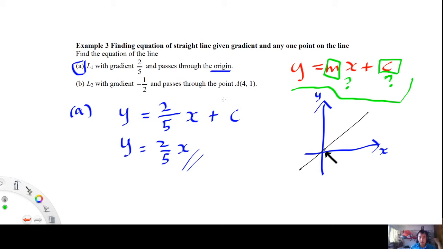For the first one it's easy, because when the graph passes through the origin, you can see that the y-intercept is 0. So in the first case, c is 0. Sorry about that, but thank you for letting me know, because B is the more important and more difficult one. So for A, this is the answer for the first one.